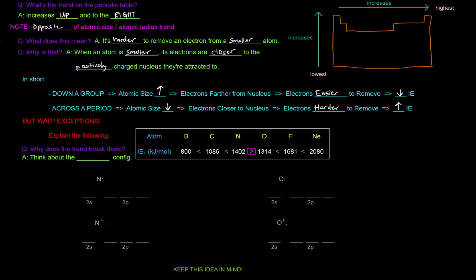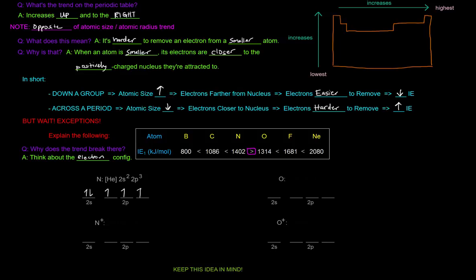To answer that question, we should think about the electron configuration and the orbital diagrams. For nitrogen, the outer electron configuration is 2s2, 2p3, because it has the 1s2 from helium first, but then 2s2, 2p3.